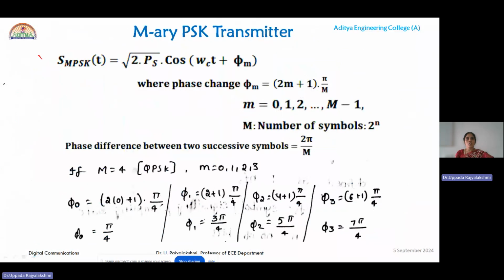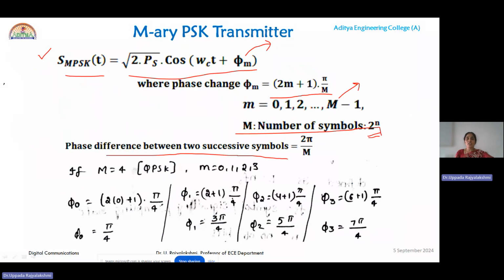An M-ary PSK signal is defined as root 2PS into cos of omega c t plus phi m, where phi m is the phase change, defined as (2m plus 1) times pi by capital M. Here capital M is the number of symbols, which is equal to 2 power n, and small m is a variable that ranges from 0 to M minus 1.